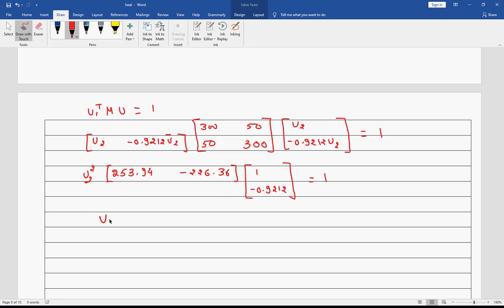So I'm going to get U2 square equal to 1 divided by 253.94 plus 226.36 into 0.9212.